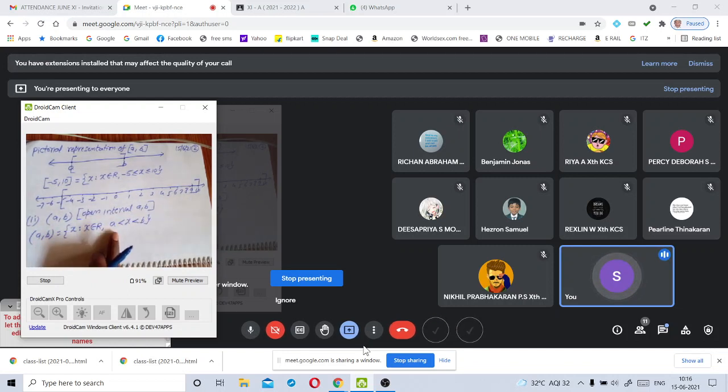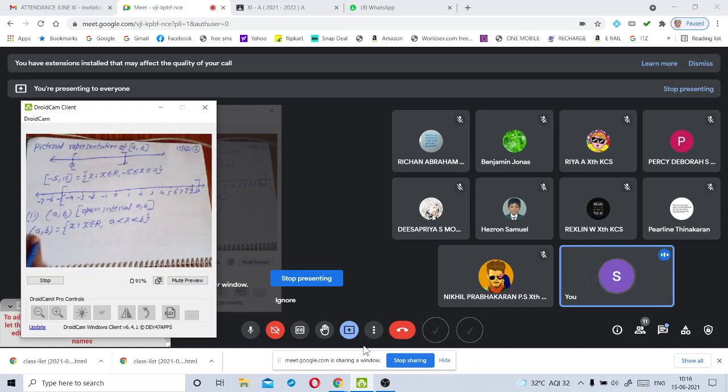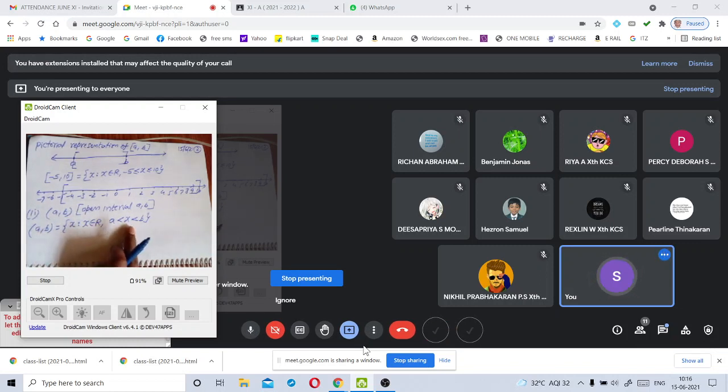In this set of real numbers, we do not consider the real numbers A and B. Only the real numbers between A and B should be considered. To represent this interval on the number line, here A is there, here B is there.